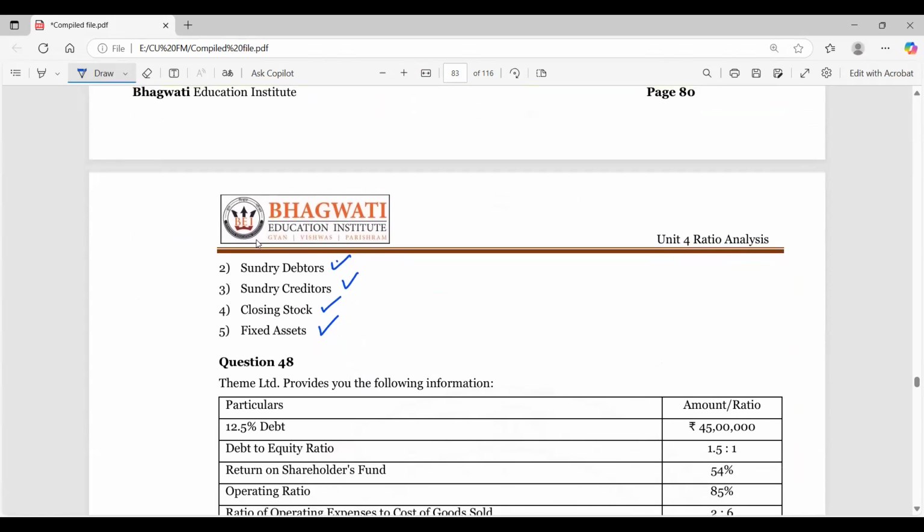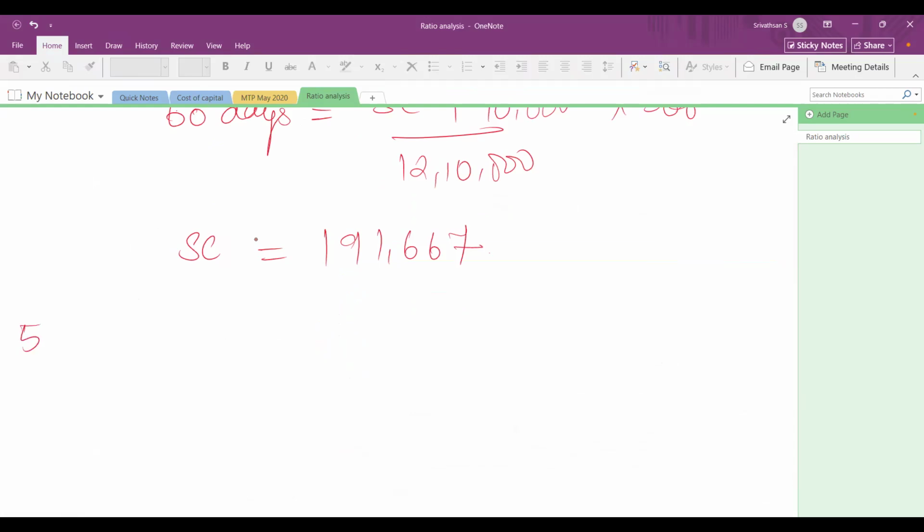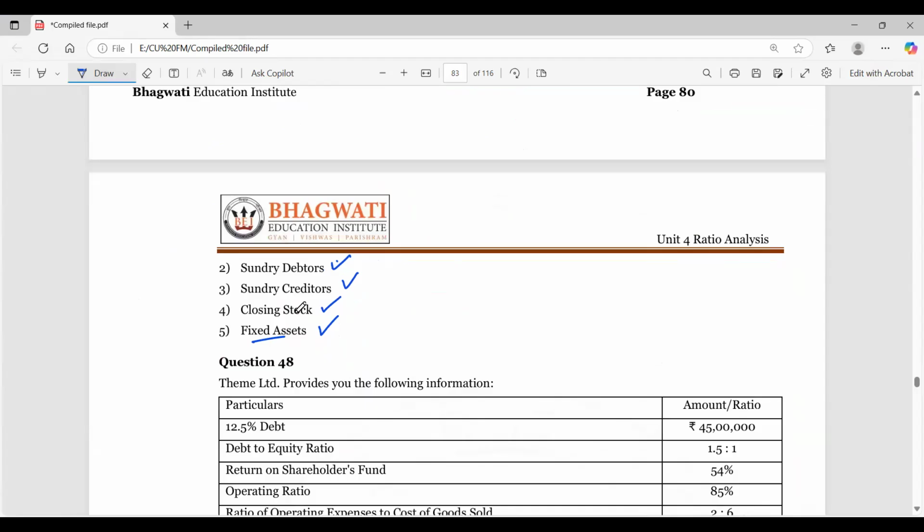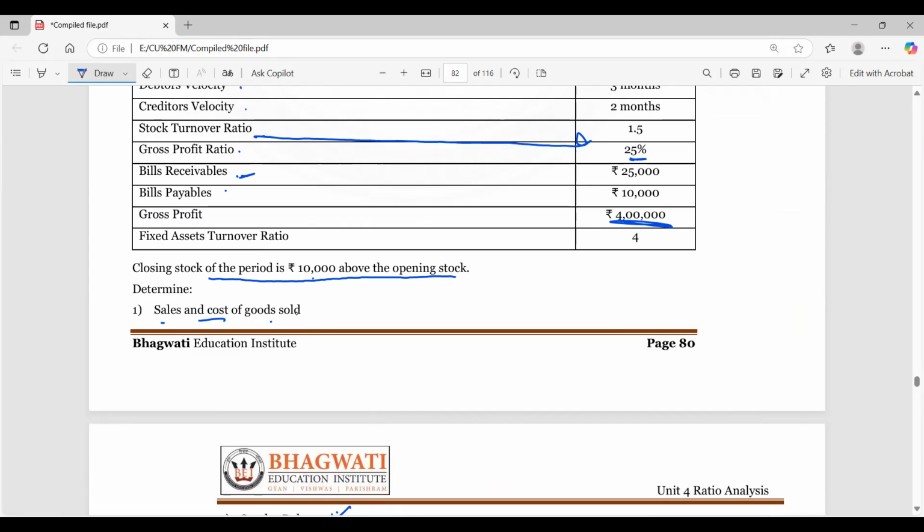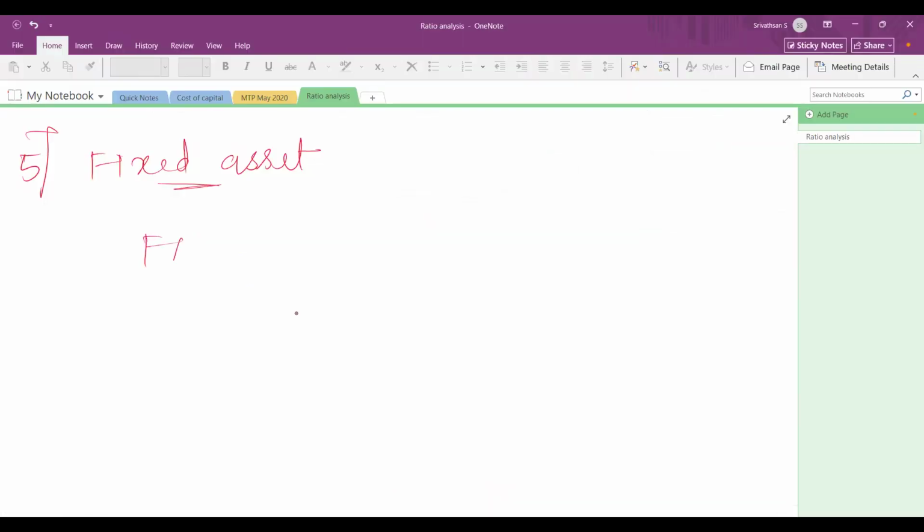Next. Fourth requirement is already done. Fifth one, fixed asset, sorry, not fixed cost. So what is the formula that we can use for calculating fixed asset? Fixed turnover ratio. It is given, fixed turnover ratio is equal to sales by fixed asset.